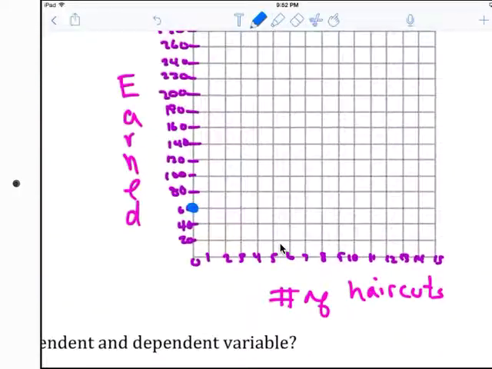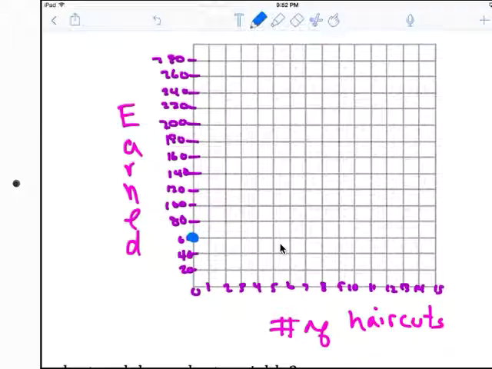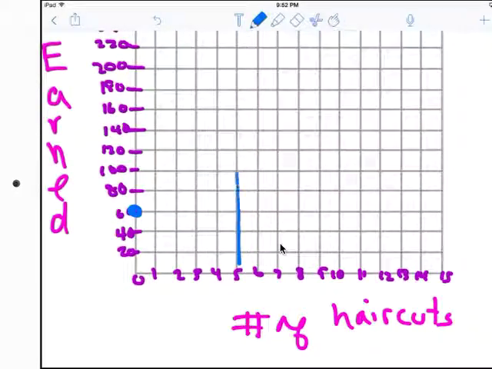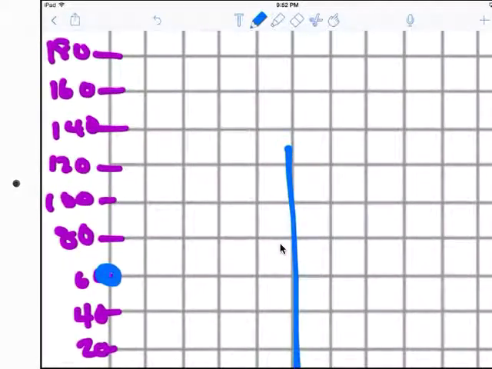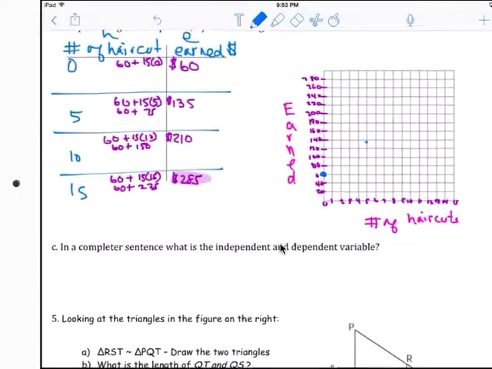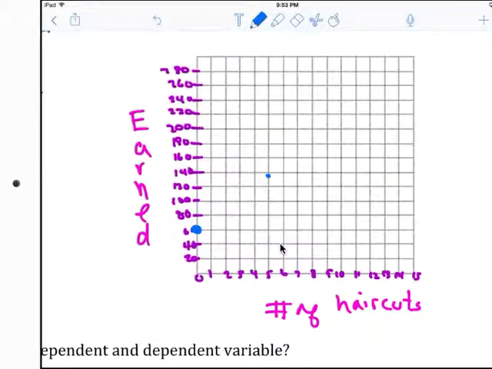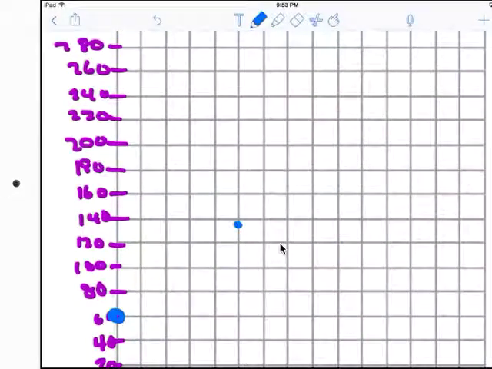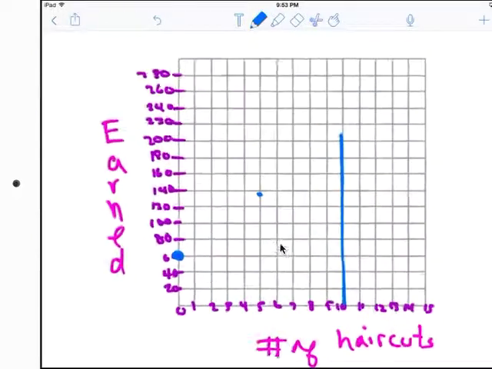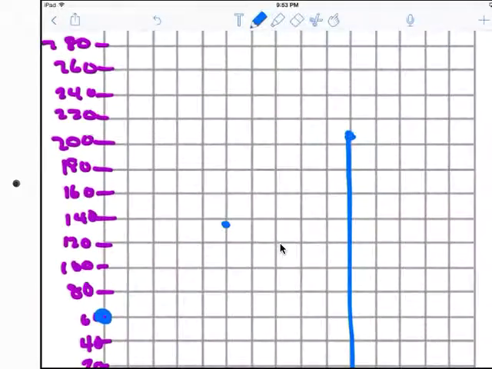5, 135. Okay, 140 is over here, 135. It's about right there. Erase that. And then 10 is 210. 210 is about right there.